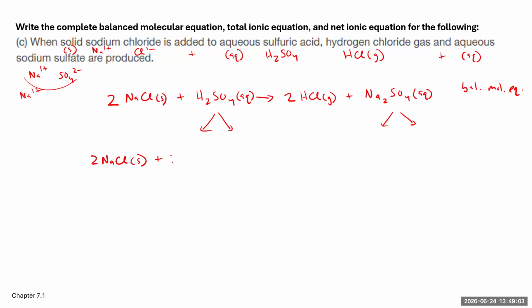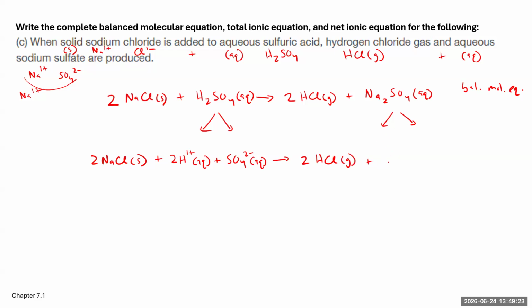Plus, we have 2 hydrogens. We know the charges are 1 plus. Those are aqueous. Plus a single SO4 2 minus, and we know that is aqueous. 2HCl. That's gas, so we don't separate that.